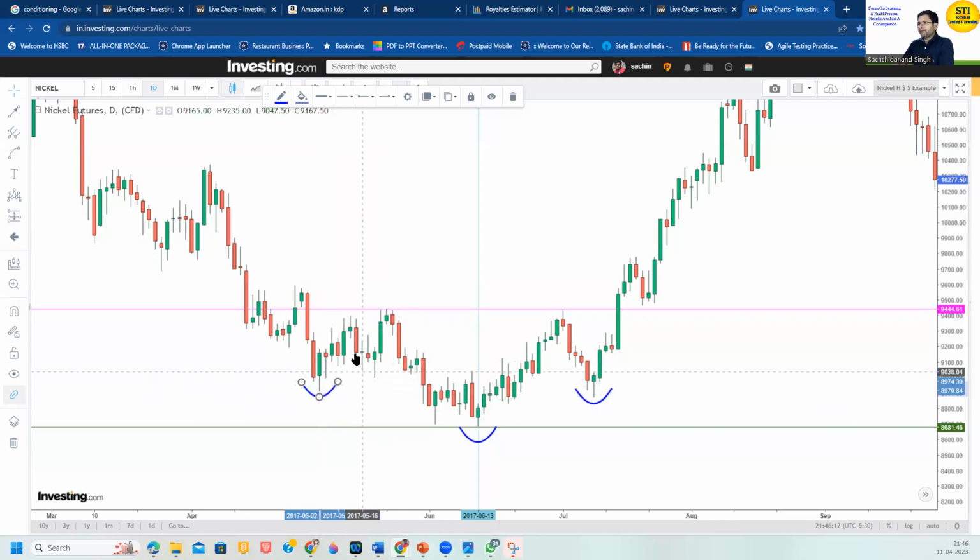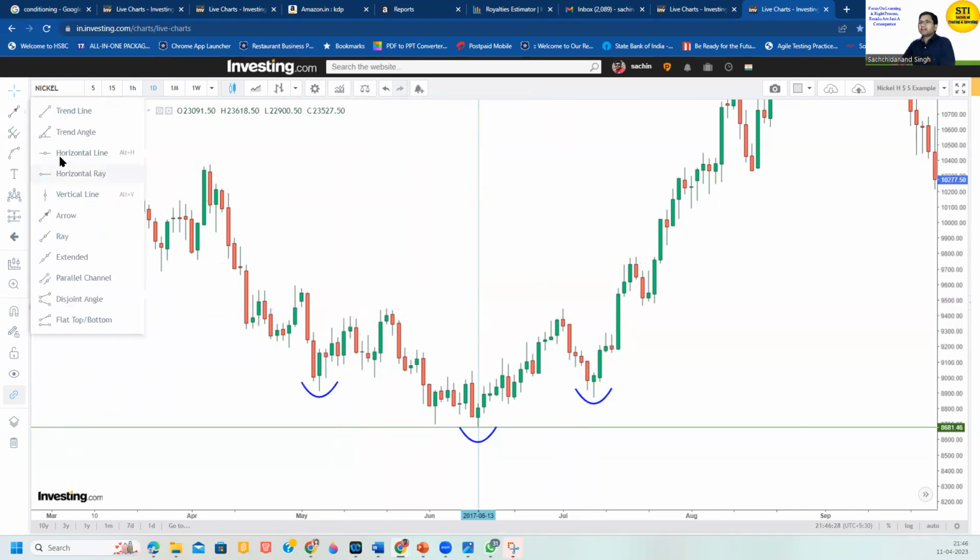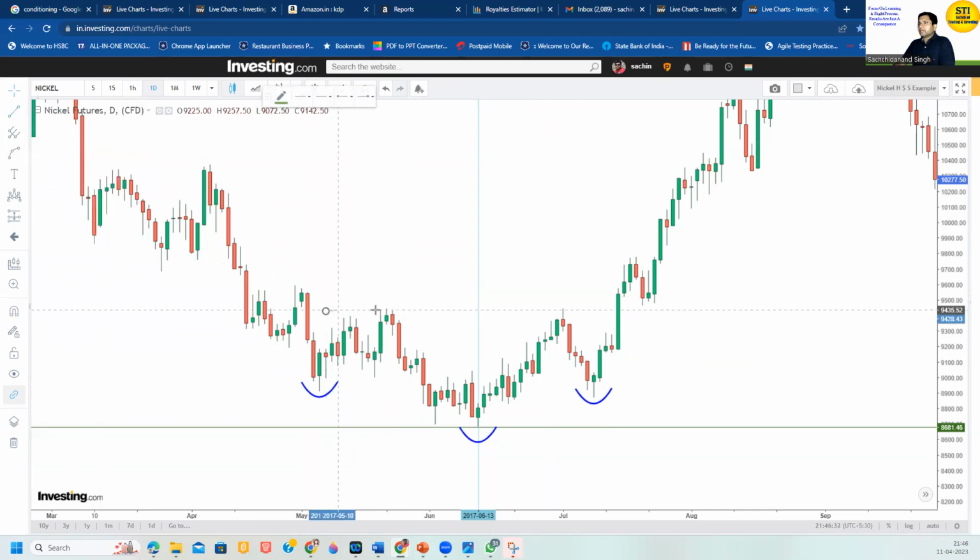From the left shoulder, this will be the upper point, and similarly before the right shoulder, this will be the upper point. So these are the two points. If we combine them together, maybe I'll just delete it and draw a new line. So it will be a neckline.